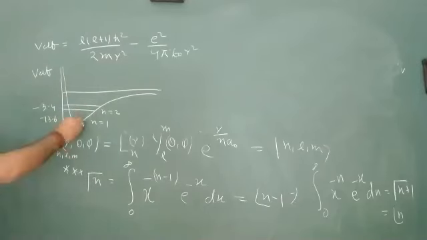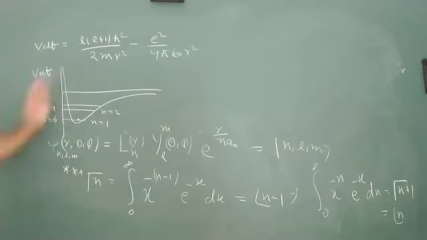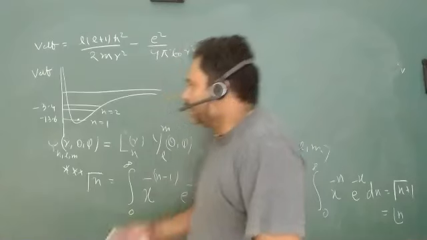Suppose the electron is in your ground state, that is n is equal to 1, and you want to ionize it. You want to give the minimum energy such that it will become unbound. Ionization means it becomes unbound. So how much energy you should give to the electron such that it becomes unbound is the ionization energy. So what will be that energy?